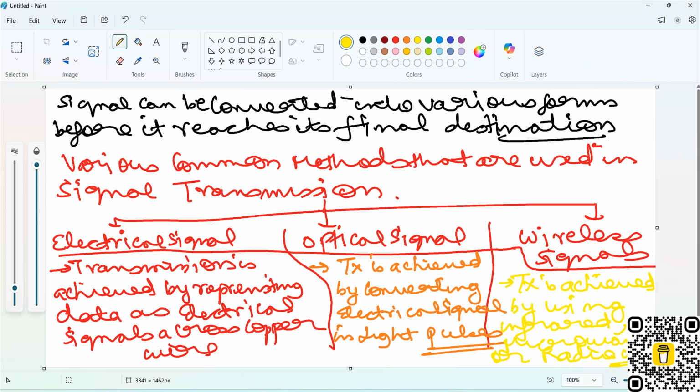Whenever we talk about a home network, a small network, or a business network, network signals in a small office or business network are generally transmitted using copper wire cables or Wi-Fi, a wireless connection. And in larger networks we generally use fiber optic cables.